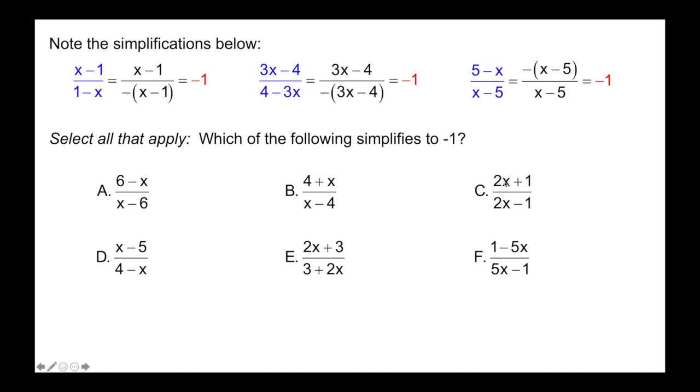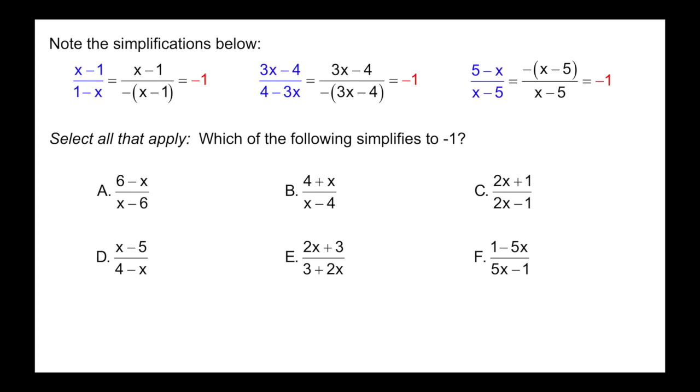The same thing happens for C. Again, these match, but these don't, and it's only going to reduce down to -1 if both need to be changed in either the numerator or denominator. For D, I've got x minus 5, so x is opposite top and bottom, but I have a -5 here and a +4 here. Those aren't even the same number, so this one's not going to work. For E, I actually have the exact same thing, top and bottom.